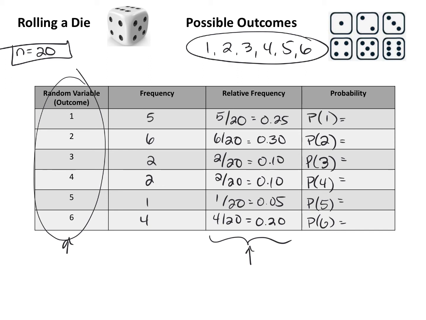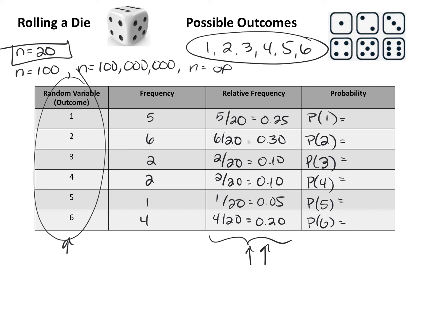But when we are looking at the probability of these events, we're interested in what happens over the long run. Over the long run means when I roll the die not 20 times, but many, many, many times. You can imagine, what if I rolled it 100 times? Or 100 million times? Or an infinite number of times? What is the relative frequency going to look like over the long run?